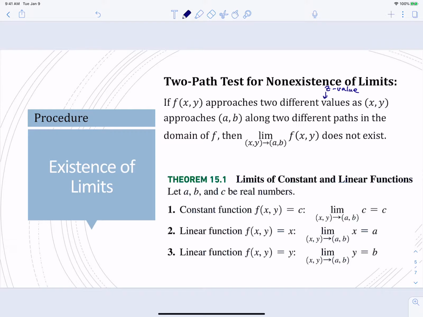If we've got a linear function, basically that z is equal to x no matter what, then we just get to do direct substitution. We can plug that a value in for x. Same if our function was z is equal to y, then we could just plug that y value in, and that would be what our limit's equal to.